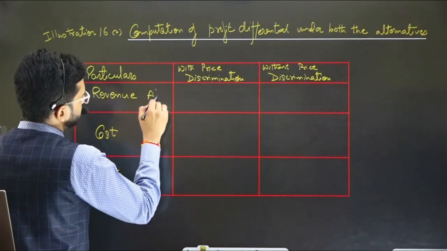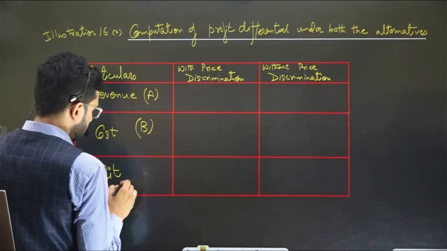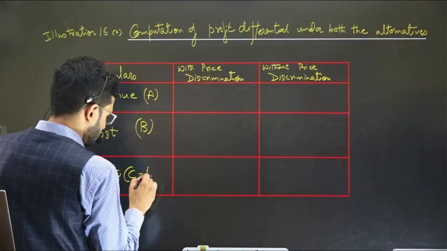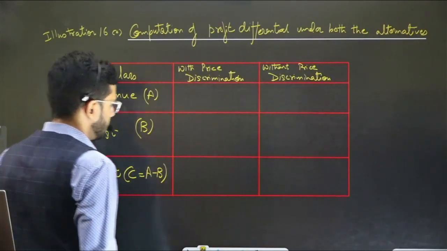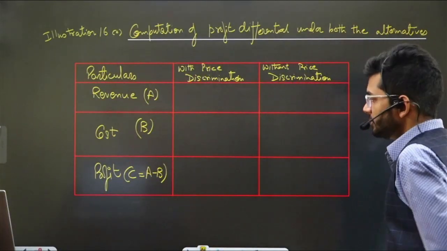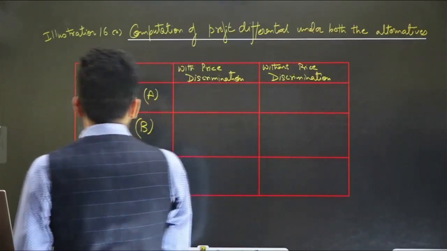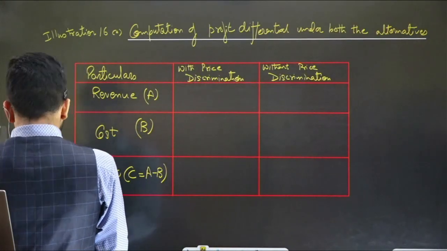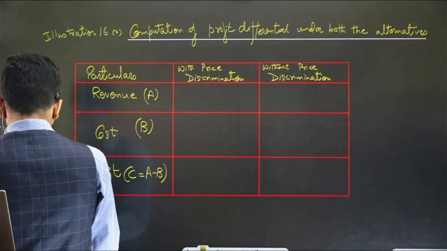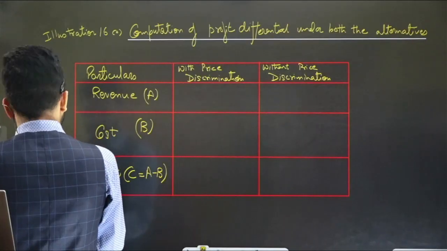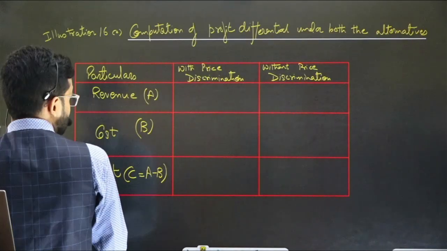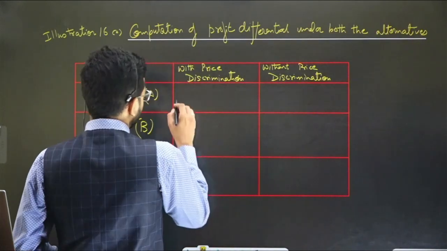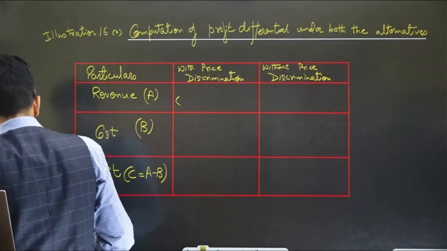This is the profit. This is A. B. C is equal to A minus B. With price discrimination, without price discrimination, we are going to compute the revenue. We are going to compute the cost. So if price discrimination is exercised, what will be the revenue?